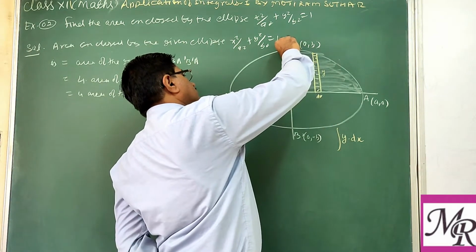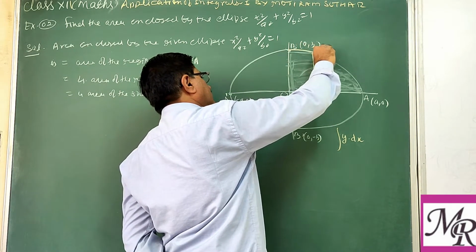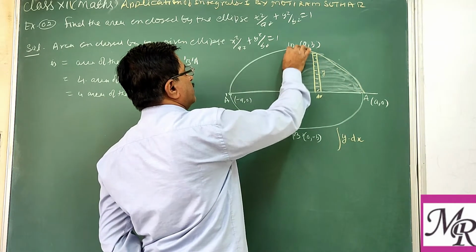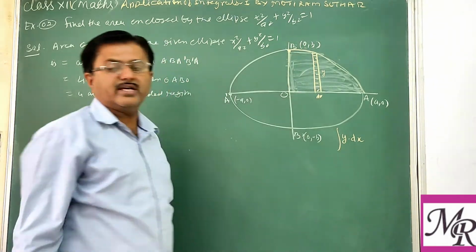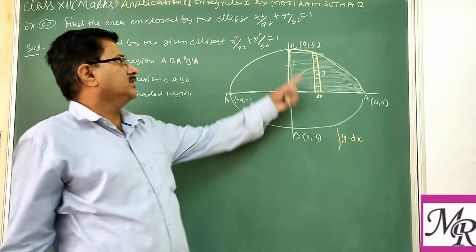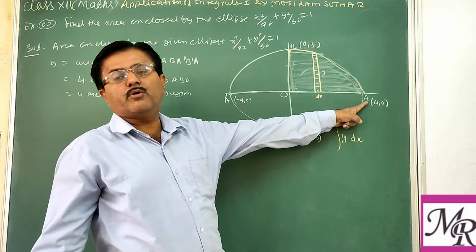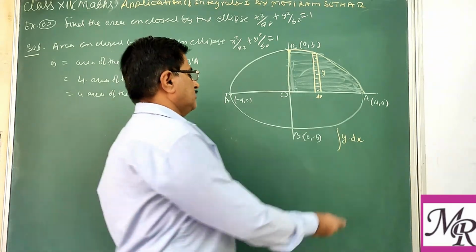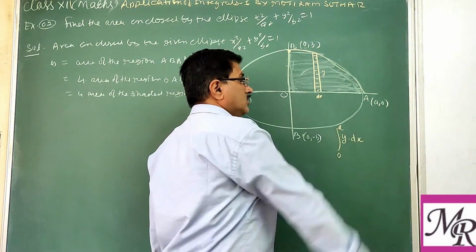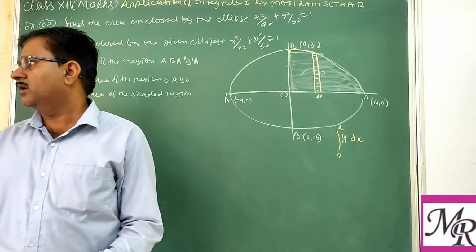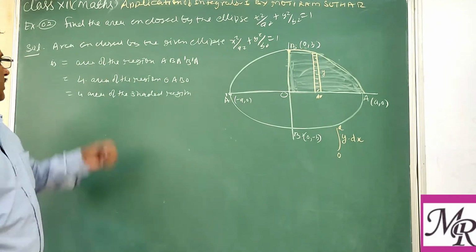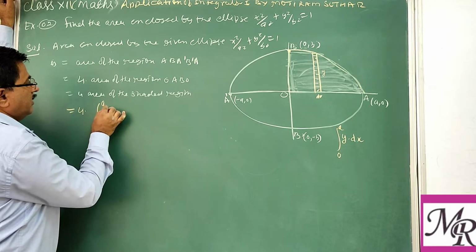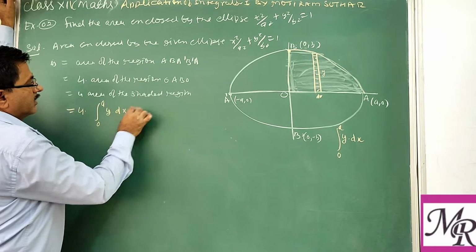This ellipse covering the shaded region covers the area on the x-axis starting from the point B, so the x coordinate of the point B is the lower limit, and it ends at the point A. The x coordinate of A is a. So the limit will be 0 to a. You have to always select the limit in an appropriate way. So we may write here 4 into the definite integral from 0 to a of y dx.